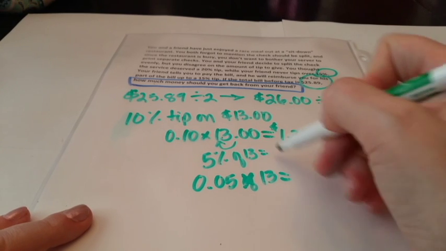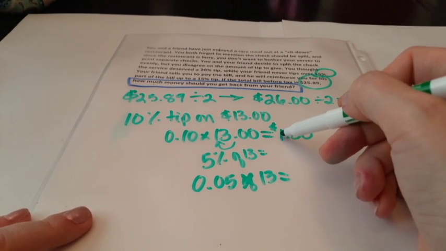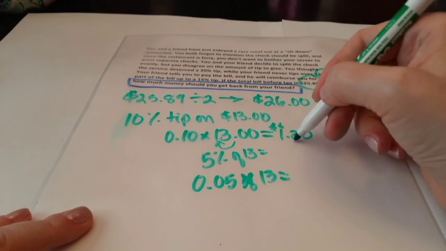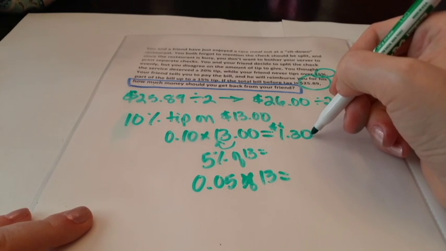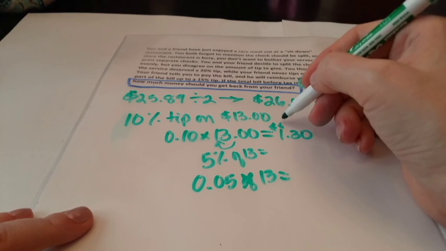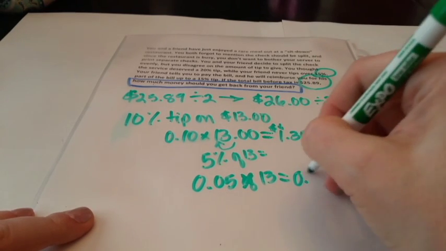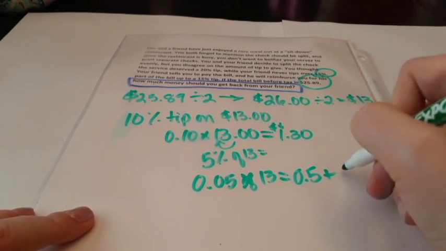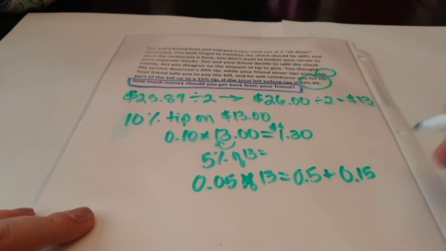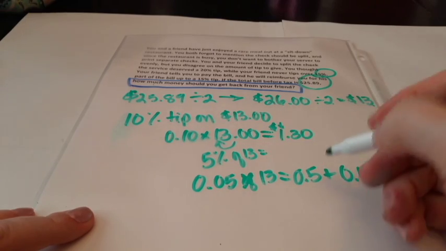But mentally, I can just take half of $1, which is 50 cents. And then what's half of 30, or 0.30? It's 0.15.